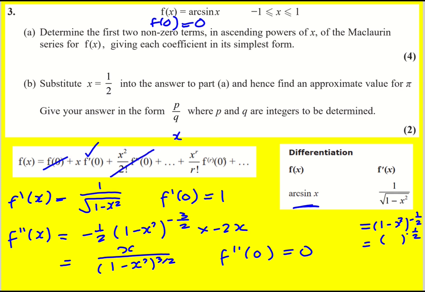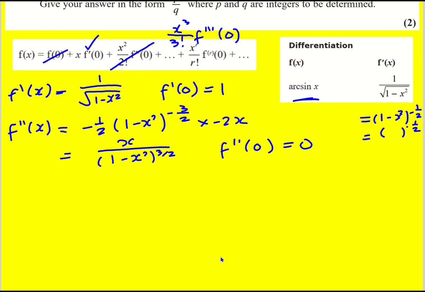Next up, remember the pattern continues, so it would be x cubed over 3 factorial f triple dash 0, and so on in that way. Right, let's work out f triple dash of x. For this, I will use the quotient rule.